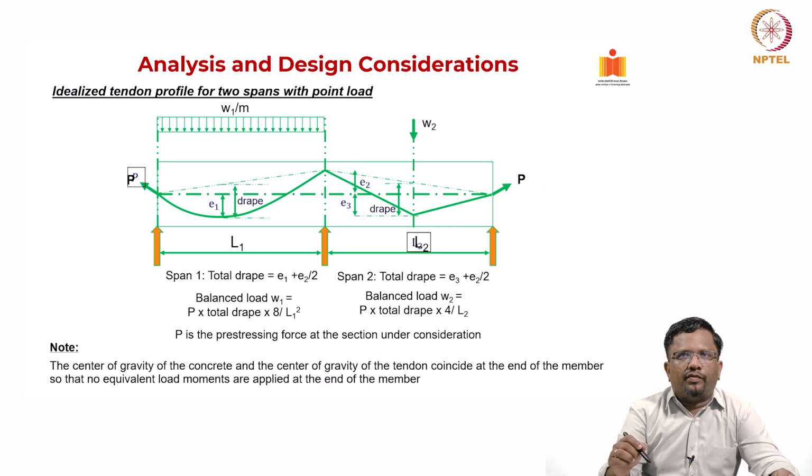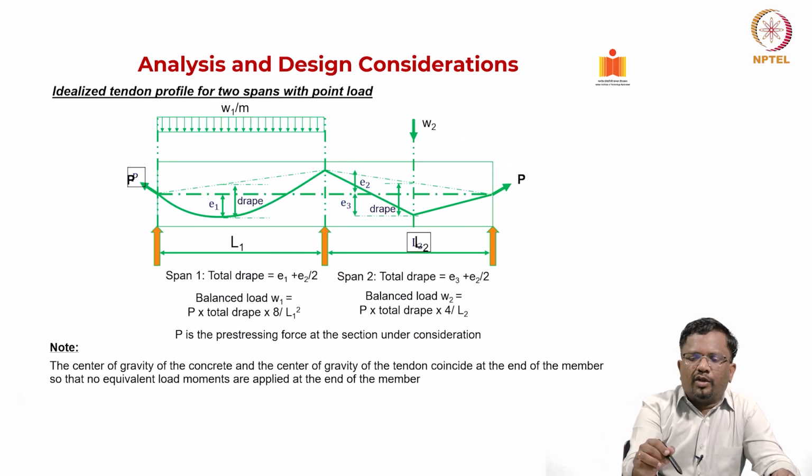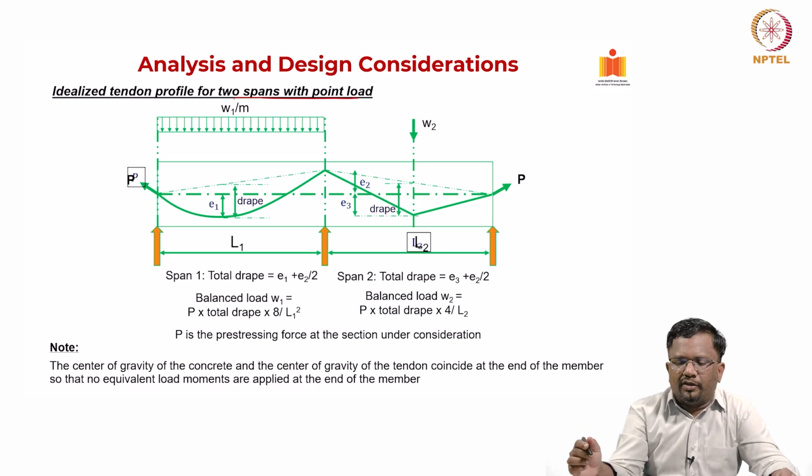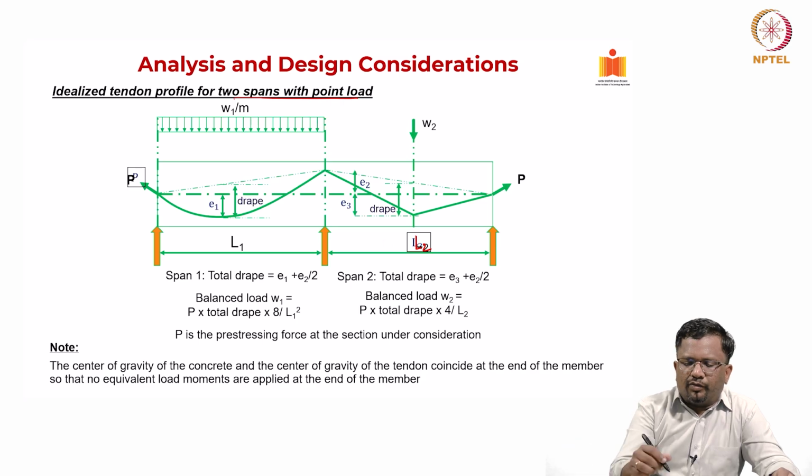So this is again for another case. What is the idealized profile for two spans with a point load? This is again for a continuous system. If you see here, for this particular span L1, I have W1 per meter, and you have a point load W2 that is coming. This is again L2. So for span 1, what is the total drape?